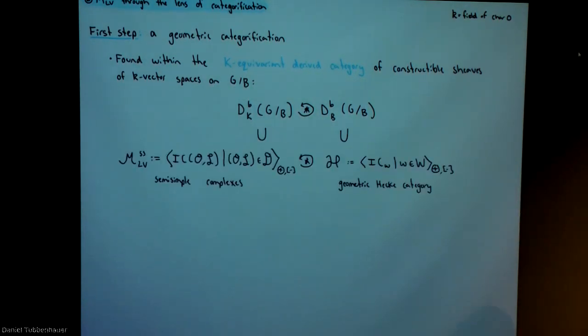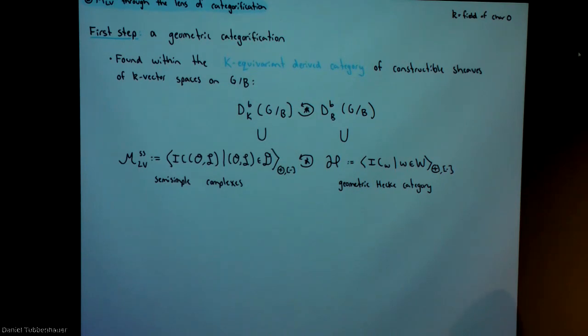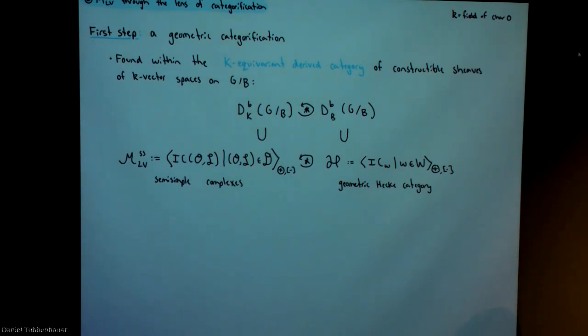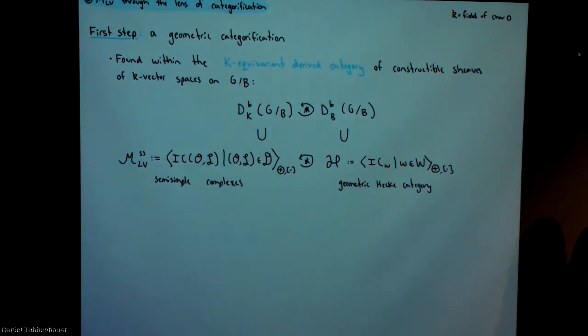And then we can look within these categories to carve out smaller ones. So we can do 2 natural things. The first is within the K-equivariant derived category, we can take the semi-simple category, just generated by direct sums and grading shifts of IC sheaves. And in this case, like I said, IC sheaves are parameterized by K-equivariant local systems on orbits. So we have the same number of IC sheaves as we have parameters in our module.